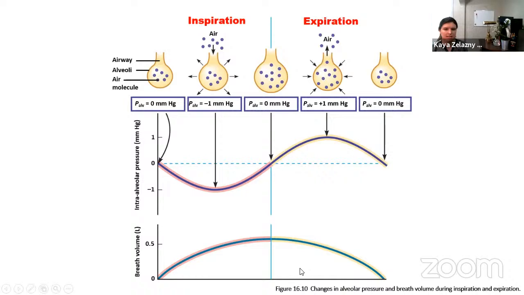We know that at rest, when you're between breaths, our atmospheric pressure is equal to our alveolar pressure. So that's what it's showing us at the beginning here, which is why our alveolar pressure is 0, because we remember that the relative pressure, which is what we track when we're thinking about inspiration and expiration, is the alveolar pressure minus the atmospheric pressure.